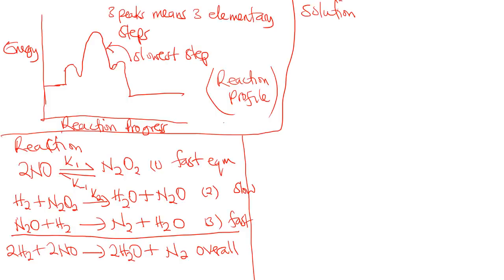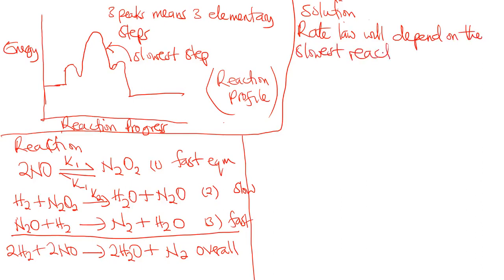First, we need to know that the slowest reaction will give us our rate law. So that's the first thing. The rate law will depend on the slowest reaction. In this case, our slowest reaction is number 2.